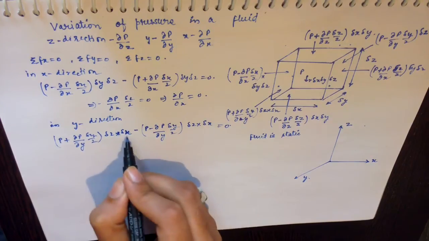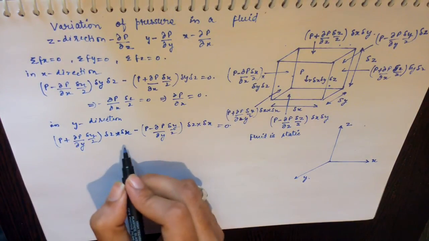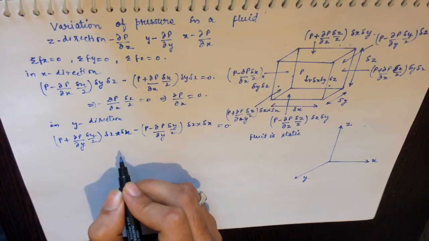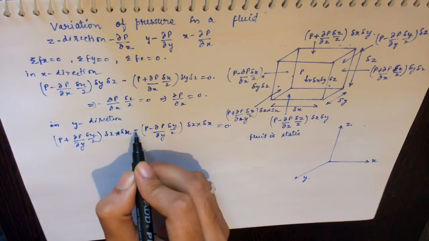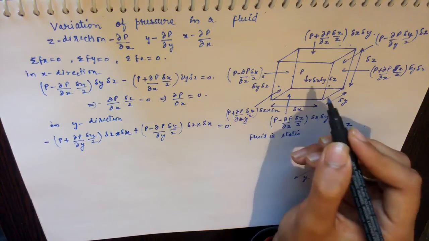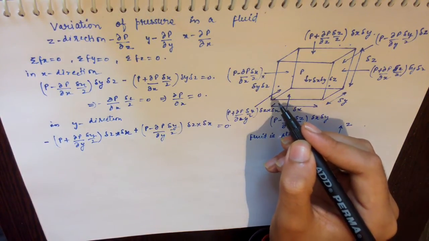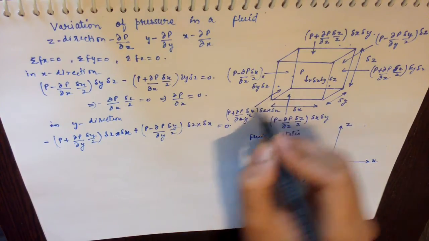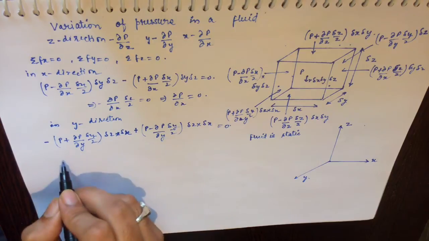So delta z and delta x will be taken out as common. Sorry, here it will be positive and here it will be negative, because this force is acting in the negative direction of y, and this is acting in the positive direction of y.